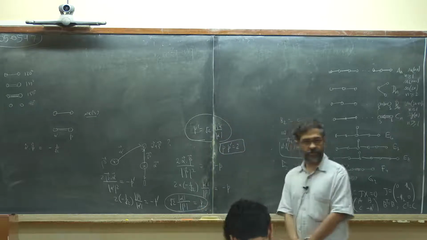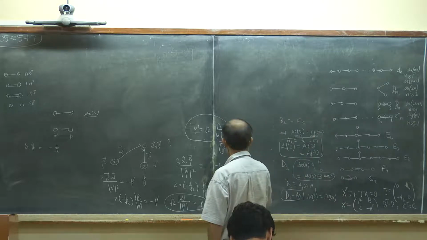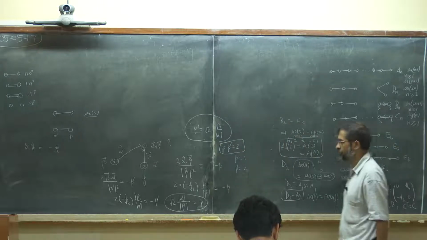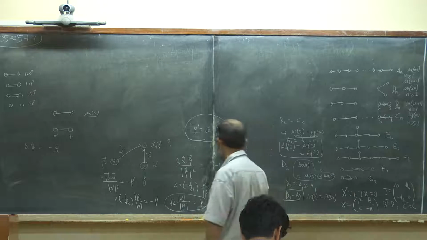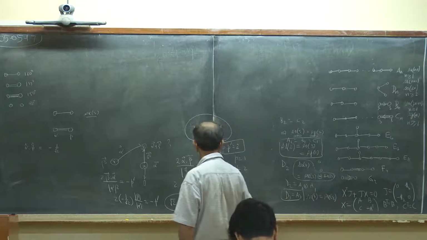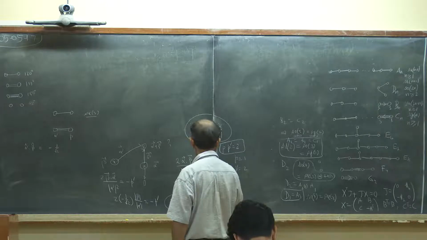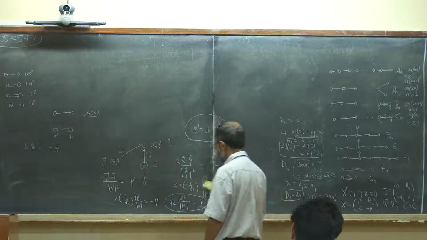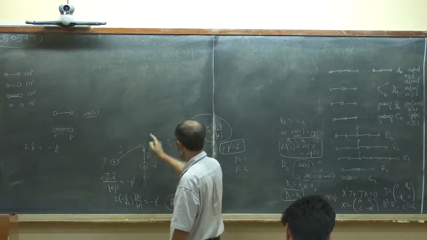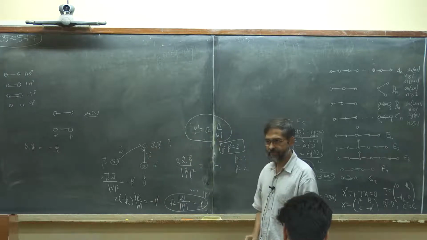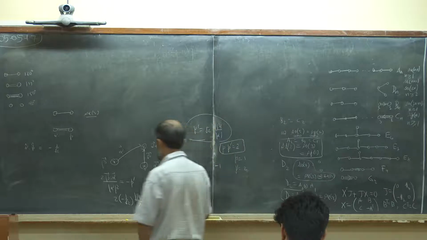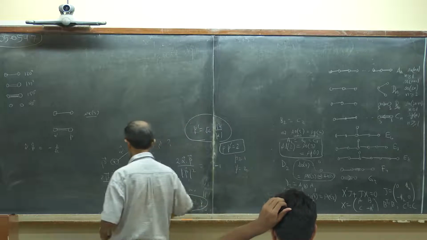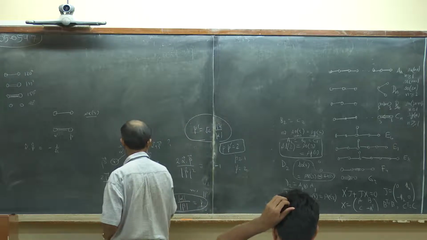So there are integer solutions of this, in which you have p equal to 1 and p prime equal to 2, or vice versa, p equal to 2 and p prime equal to 1. Let's say I have p equal to 1 and p prime equal to 2. So that is to say, this tower has a height of 1, and the other one is this, which is 2.